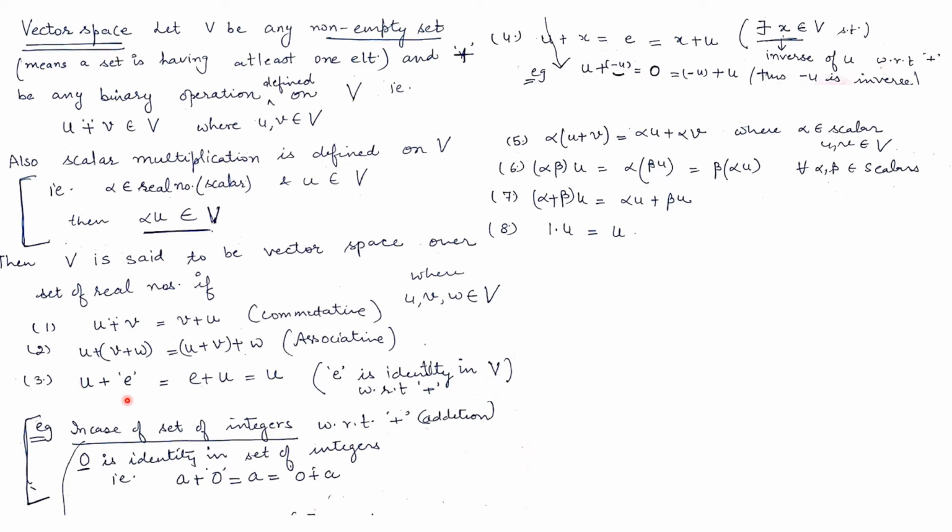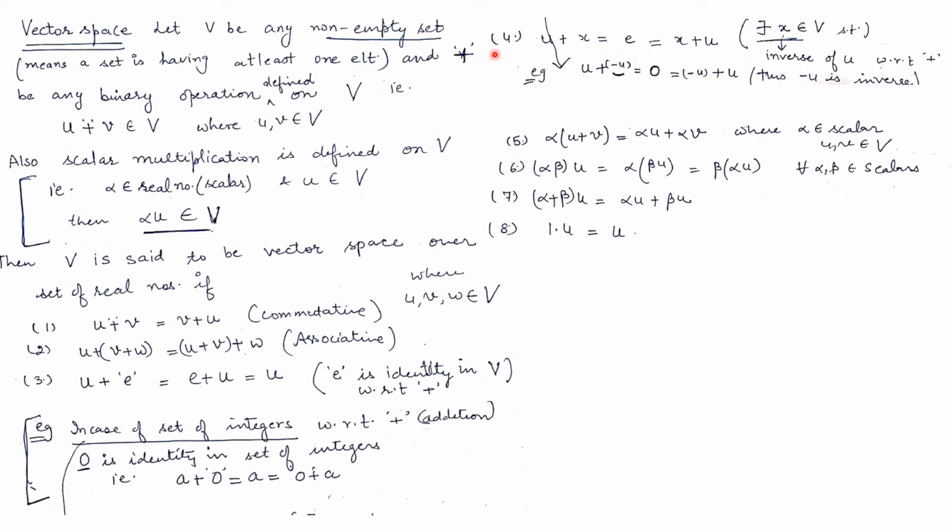So what do we add to u so that we again get u, then that number is said to be the identity. Okay, so first is commutative, second is associative, third is the existence of identity. So an identity should exist in V with respect to the binary operation addition.